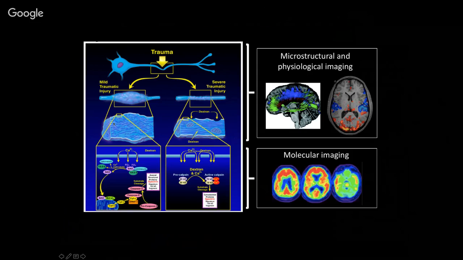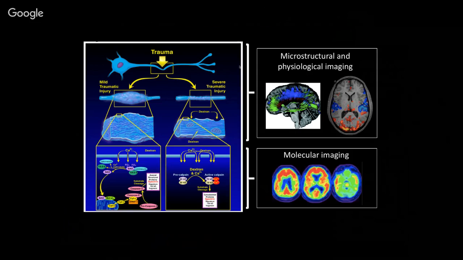We know from a number of previous studies that there are things that occur at a microscopic level following traumatic brain injury, including the degeneration over time and disconnection of axons and white matter in general, neuronal death, and glial injury. We know that there are things occurring on a molecular level, such as the activation of cascades involved in apoptosis, changes involved in necrosis as well, and a variety of different inflammatory mechanisms and free radical-based mechanisms.